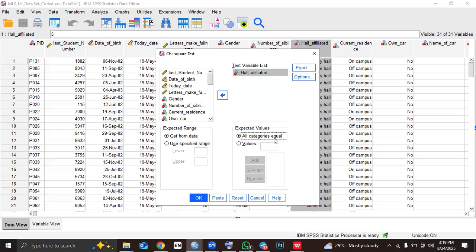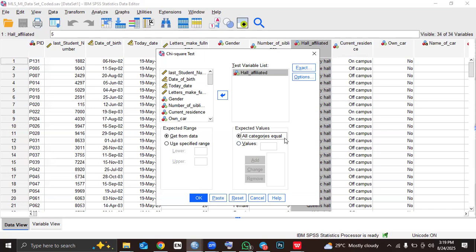Assuming our assumption was different, that there's a certain percentage of values that each hall is attributed to, then we can use the values option here. But that is not what we are doing in this example today.